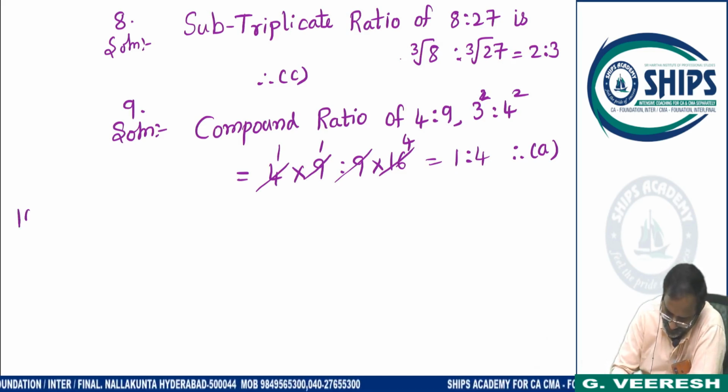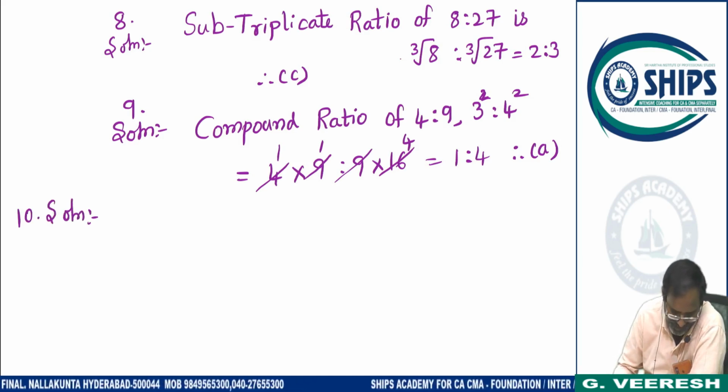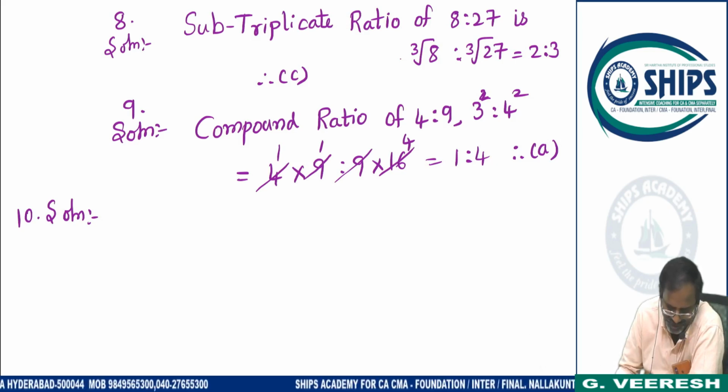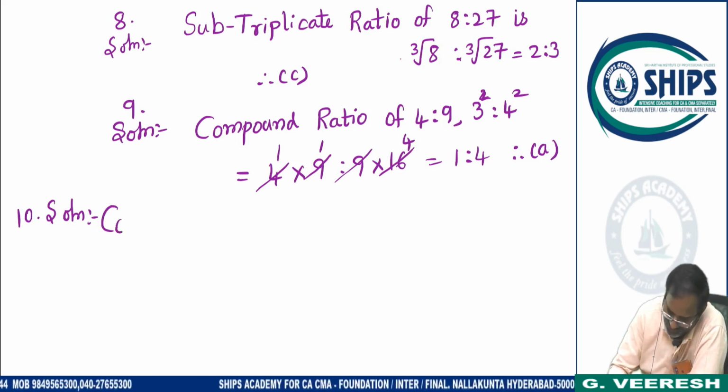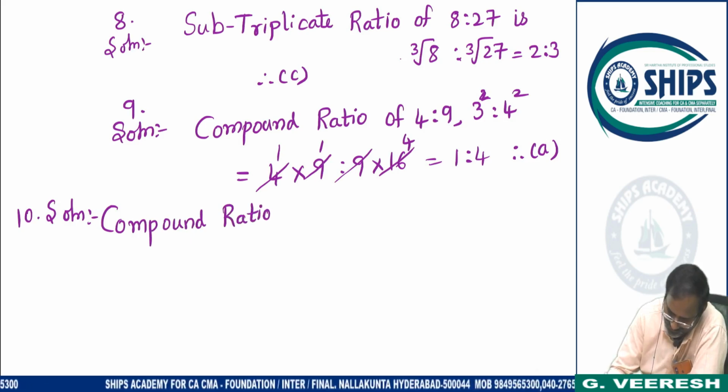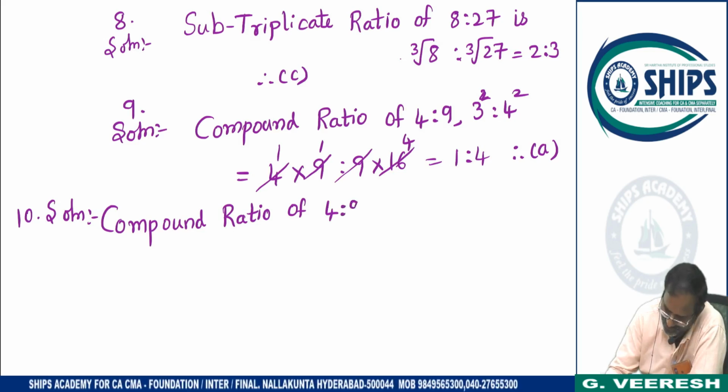Now 10th problem. In that you see first ratio normal, second ratio duplicate, third ratio triplicate, again fourth ratio normal. So we have to write at a time all that compound ratio of four is to 9.